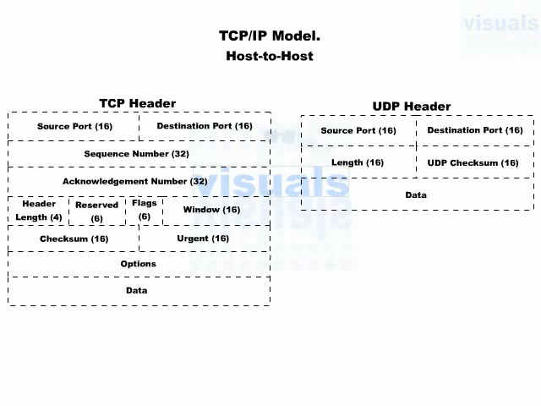UDP has fewer fields than TCP, so it will take less time to fill its fields. In this case, UDP transfers the data faster than TCP because of what both these protocols provide. Keep this point in mind.